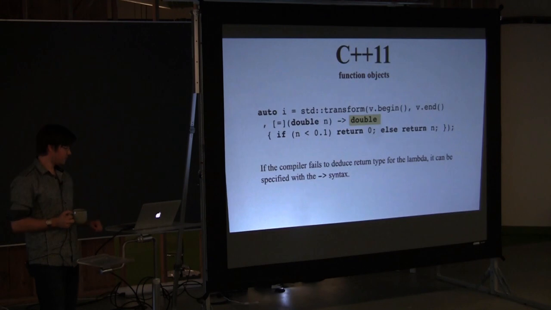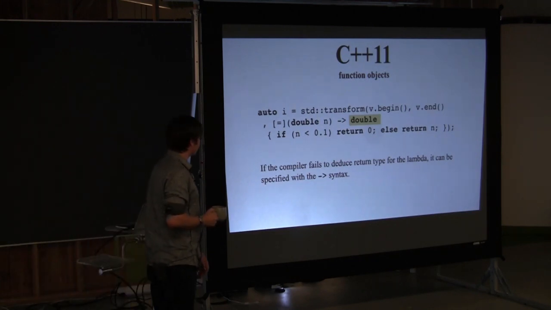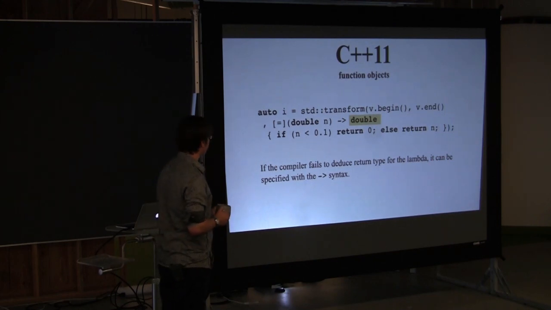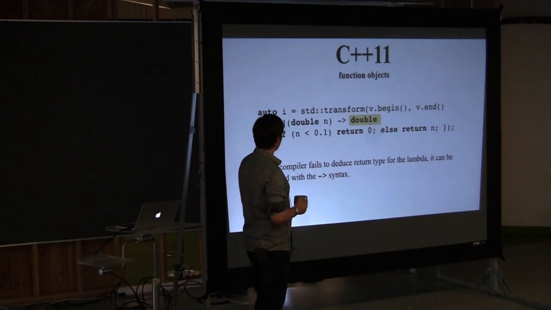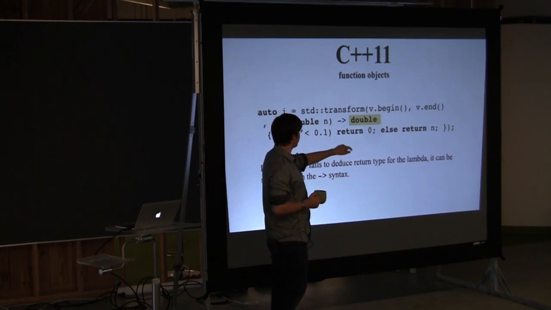So, at least on this slide, I remember the return statement. Sometimes it can be a little bit confusing to the compiler to understand what return type you want from your lambda function. Consider this example where, let's say we have a vector of doubles and we want to clamp small values down to 0. So we use the transform and with this if n is less than 0.1, return 0, else return n.